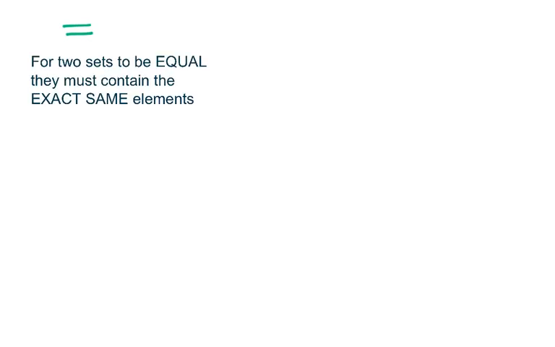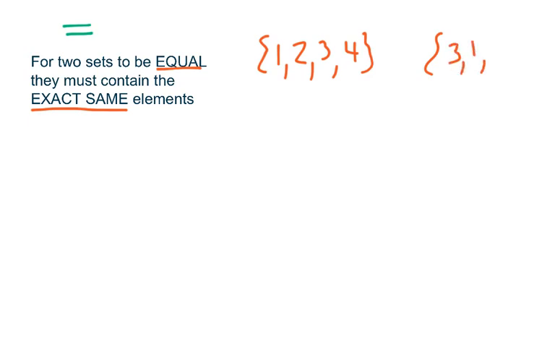Another symbol that's going to be important for us is a symbol you're probably pretty familiar with, and it's the symbol for equals. And for two sets to be equal, they must contain the exact same elements. Let's take a look at set 1, 2, 3, 4, and the set 3, 1, 2, 4.